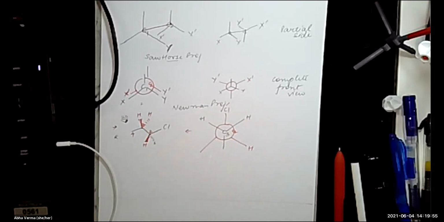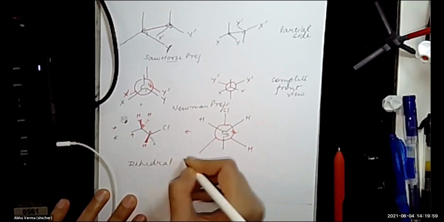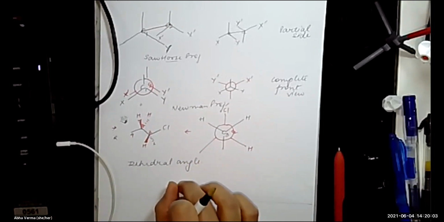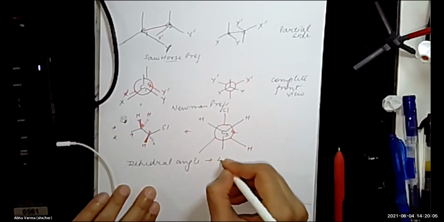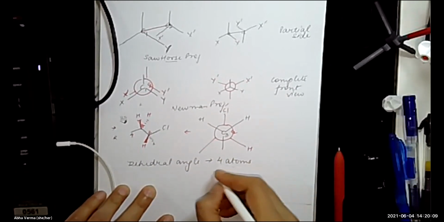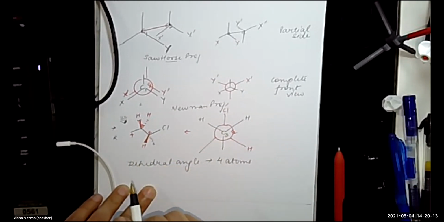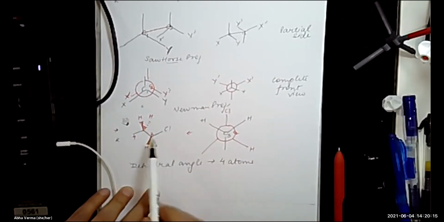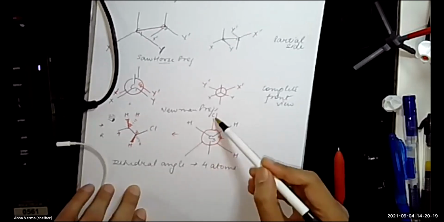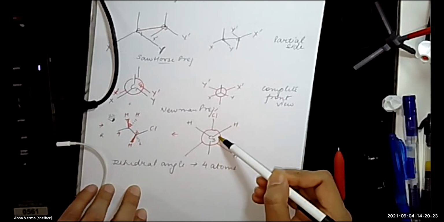Now, this is the time that you must understand a dihedral angle also. When you have a dihedral angle, it is always between 4 atoms. And 2 of those atoms are the carbons across the single bond. So how do I look at any dihedral angle? There is this hydrogen, there is this carbon, and the carbon at the back.